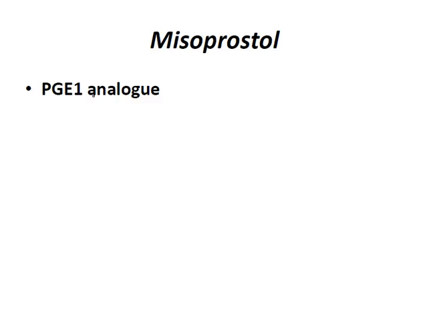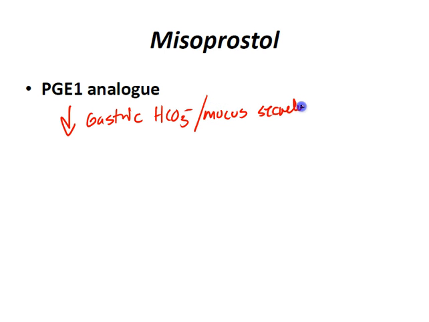All right, so moving right along, misoprostol. This is a PGE1 analog. This will increase gastric bicarb and mucus secretion. Also decrease gastric acid secretion.